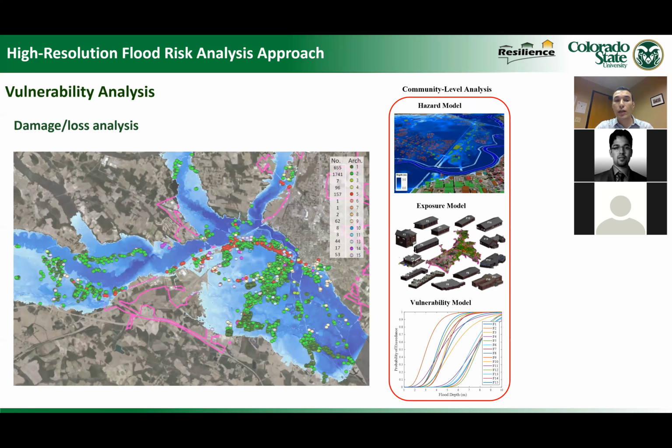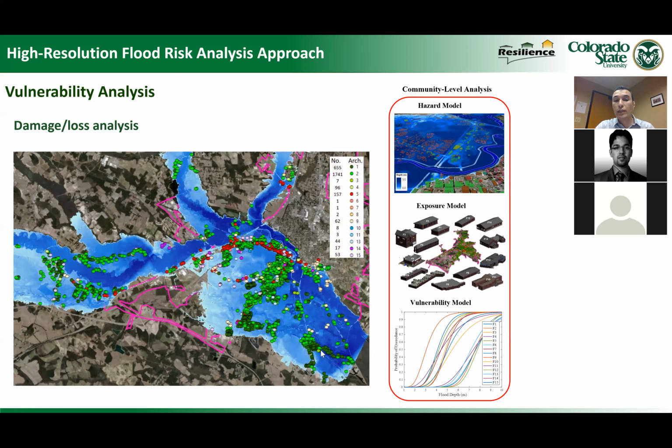So here it shows the map for each exposed building. And we know the building archetype of each one of these buildings. I have them color coded based on their archetype from 1 to 15. And I have the fragility curves that calculate the flood vulnerability for each one of these archetypes.